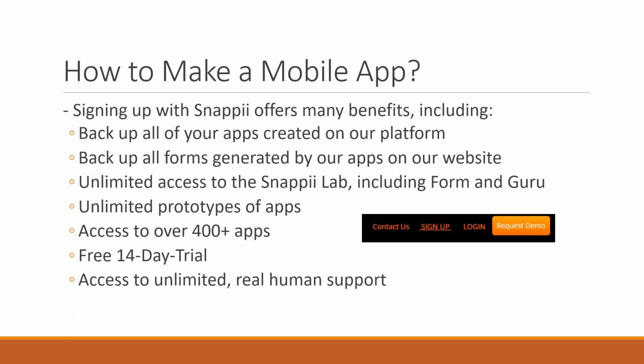And you get access to over 400 app... I missed a word there. It's actually app templates. And what that is, it's basically a foundational app. Over the years, Snappy has helped a lot of different industries, and basically what we did is we accrued all that information and made generic apps for those industries.